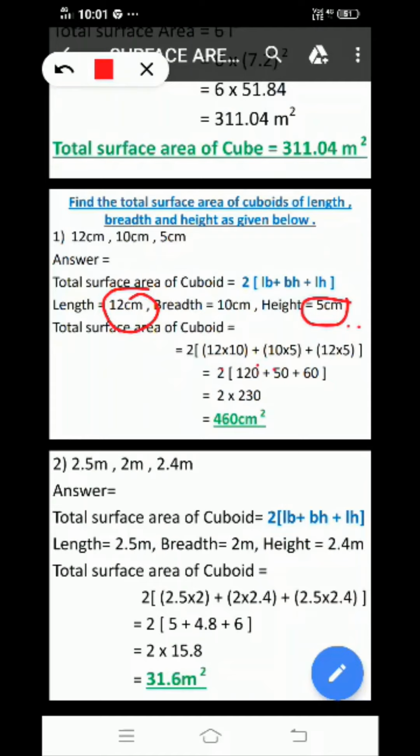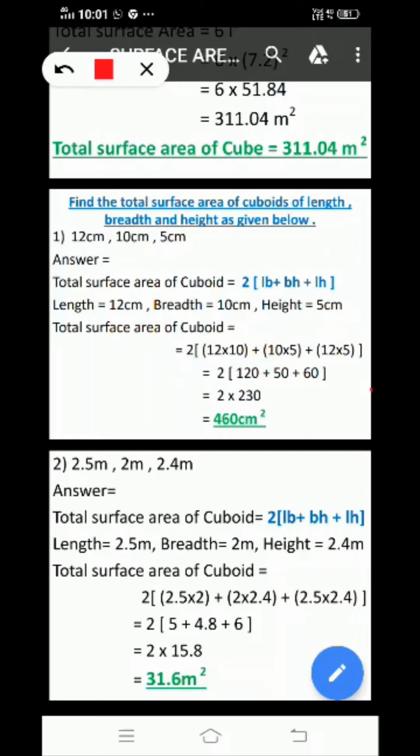Now do the multiplication. 12 into 10 is 120, plus 10 into 5 is 50, plus 12 into 5 is 60.